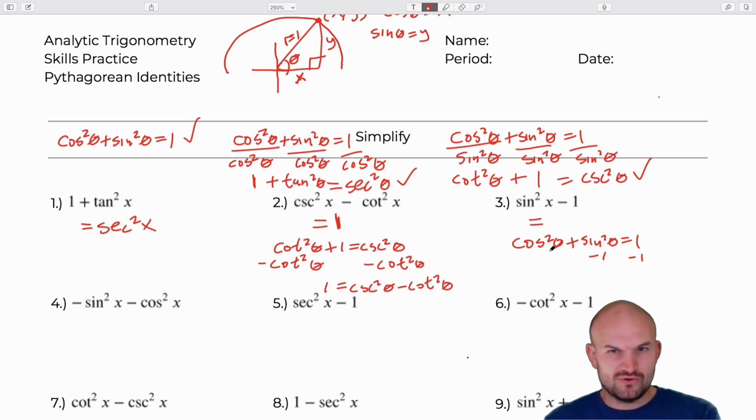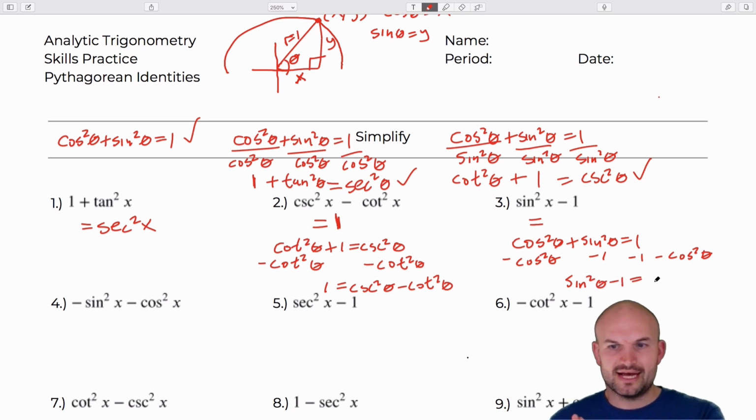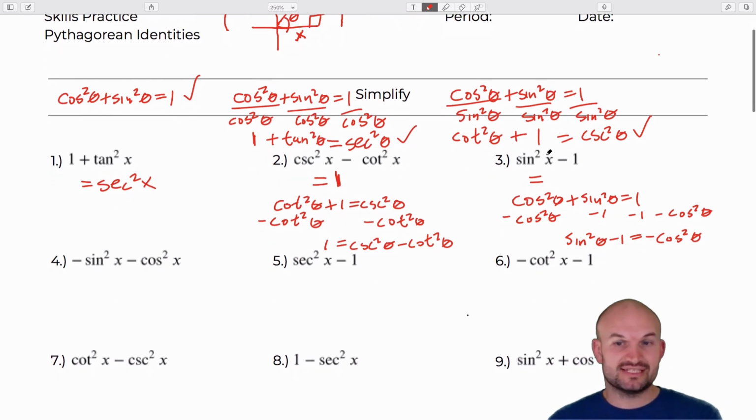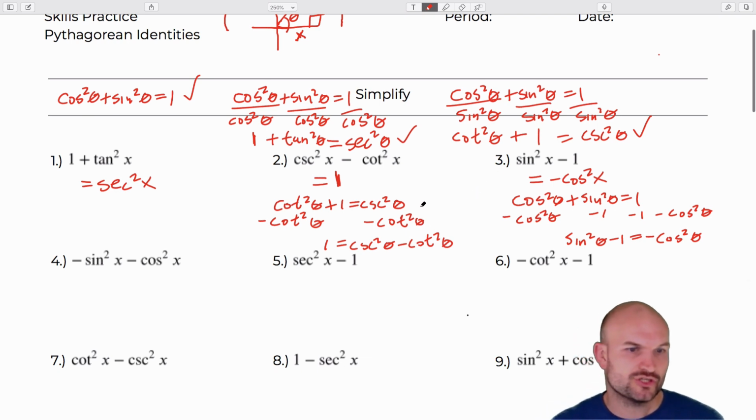But I can't have the cosine here, so I'm going to subtract cosine squared of theta on both sides. On the left side, I have sine squared of theta minus 1, and on the right side, I'm just left with a negative cosine squared of theta. So the answer, sine squared minus 1, is going to equal a negative cosine squared of x. And again, I'm using x because that's the equation I chose to use.